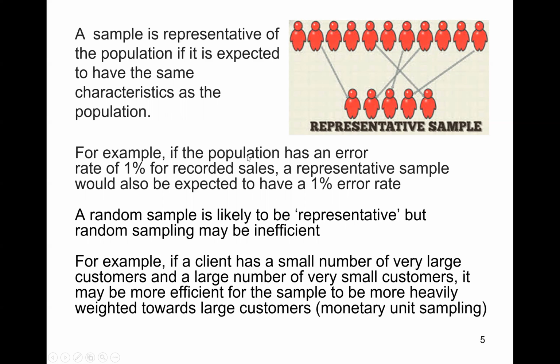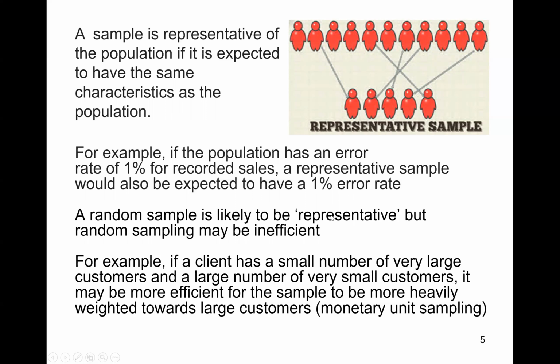So for example, if the population has an error rate of 1% for recorded sales, so suppose recorded sales are overstated by 1%, then a representative sample would also on average be expected to have a 1% error rate, because being representative means it's expected to be just like the population.